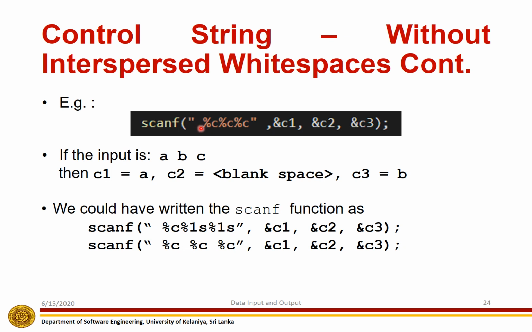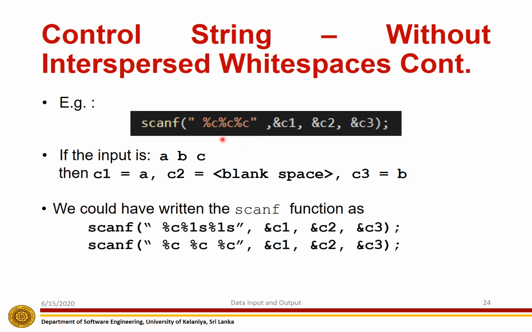It is a good idea to precede one conversion character with a blank space in all the scanf functions that you use, because this causes the scanf function to ignore any extraneous characters that may have been entered earlier. For example, here there is a blank space that precedes %c. This prevents any previously entered extraneous characters from being assigned to c1.